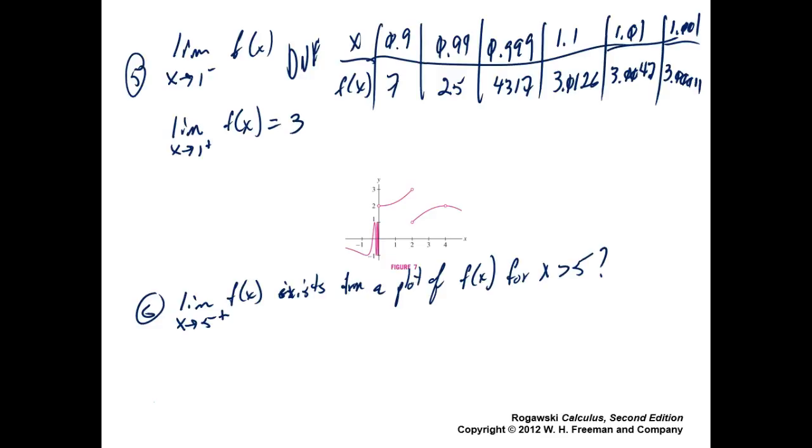But without the plus here, you can't, because you don't know what's happening from the minus side. For the limit, without a symbol here, you have to know it from both sides, and they have to be the same. So no, you can't tell if you only know what's happening on the right-hand side of 5. You have to know what's happening on the left and right.